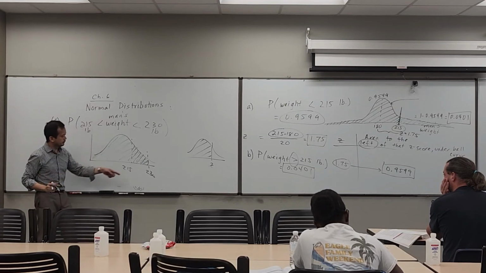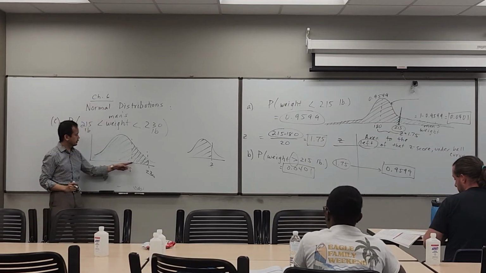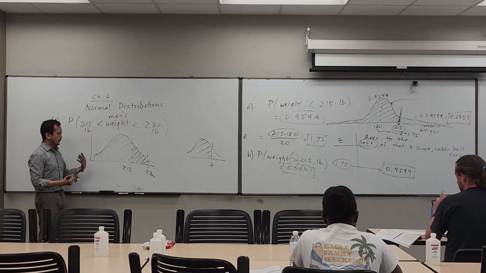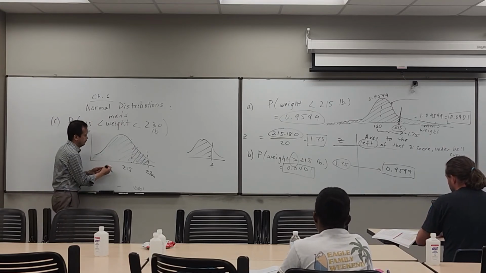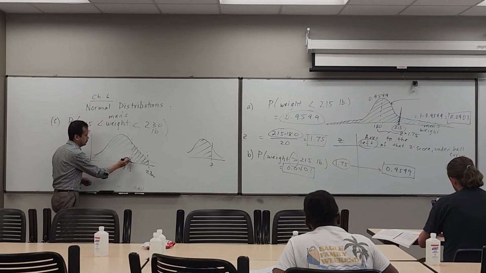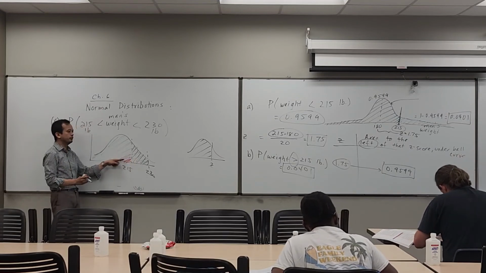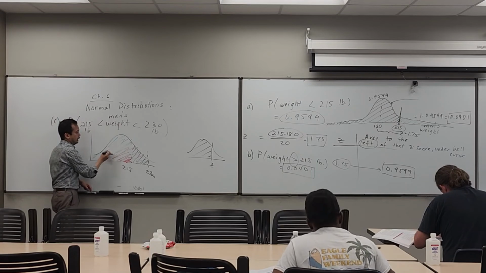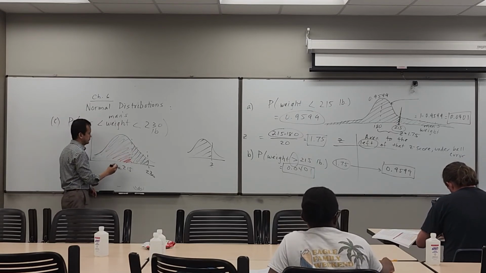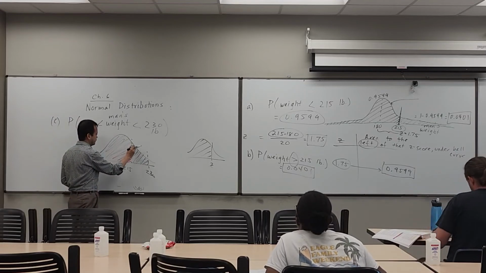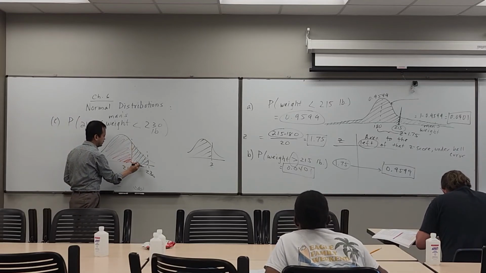So find the z-score at 230, look it up in the chart to find this green left area, and then do exactly the same thing. Find the left area for 215, so we would be starting with the green area and removing the red area, in which case we'd get the middle area that we want. We'd be left with this area here.